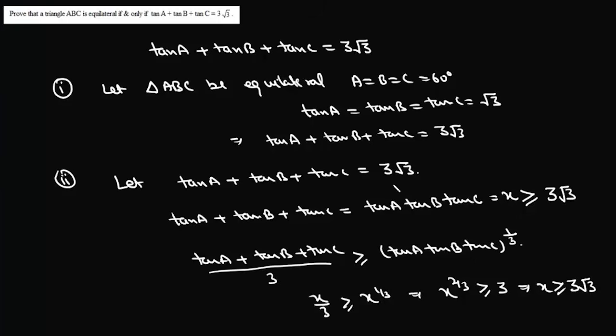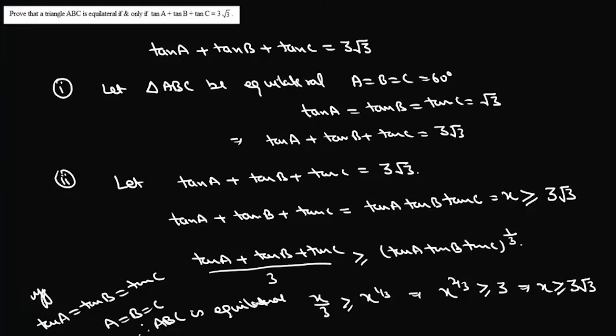Now in this question we are given this equality, and we'll have this equality if and only if all the three numbers they are same. That means tan A should be equal to tan B and it should be equal to tan C. So from here we'll get A equals B equals C, and therefore this triangle ABC is equilateral.